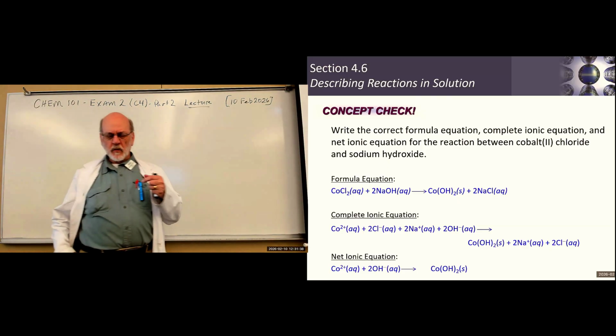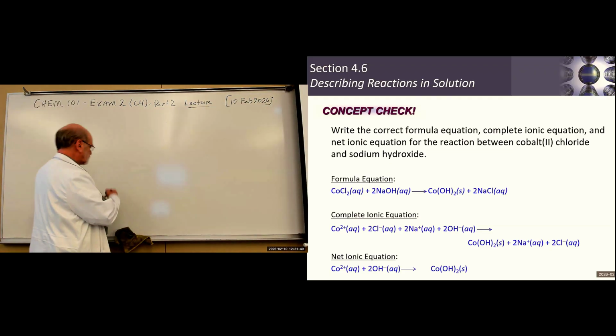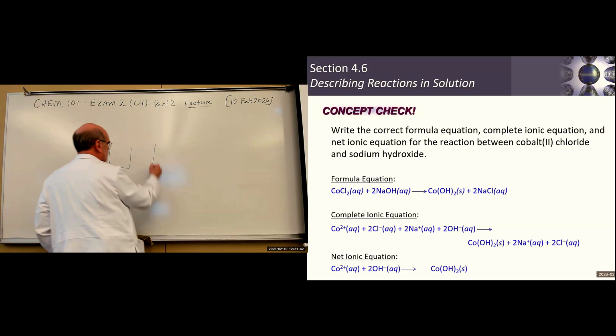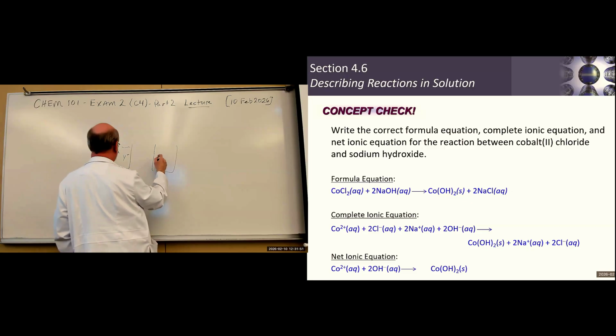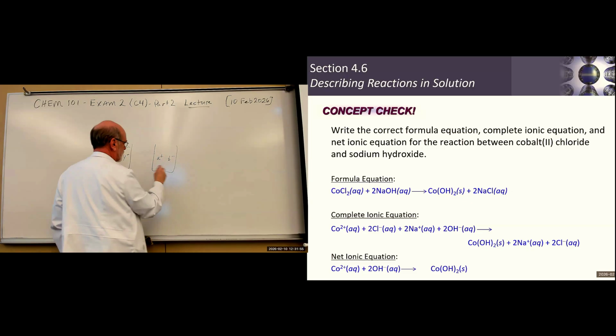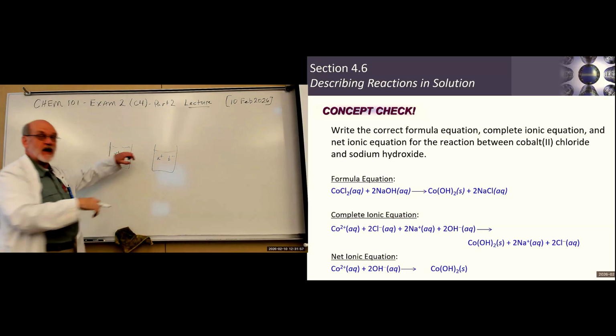Because when we mix something here with something here, at first we've got cations and anions here, and let's make this one up, A and B. Cations and anions, and each one of them, they're soluble.